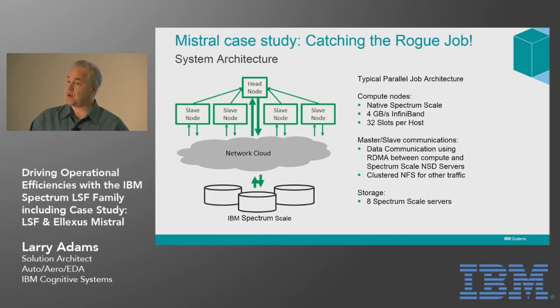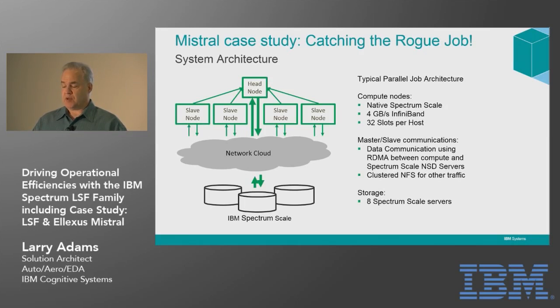They had Spectrum Scale storage, which is a parallel file system, and parallel file systems have this unique characteristic where they can consume a lot of I/O quite rapidly. They're using QDR InfiniBand, so they get about 4 gigabytes per second to the node. So you can open a file, literally a single file in a streaming mode in Spectrum Scale at 4 gigabytes a second. So it's a pretty spectacular parallel file system.